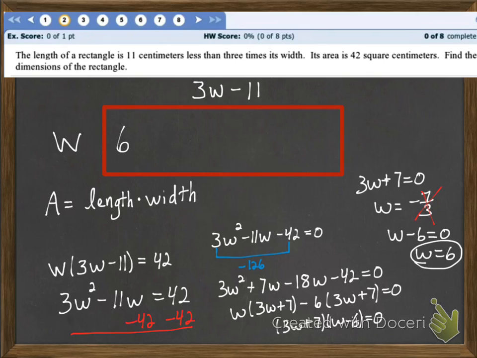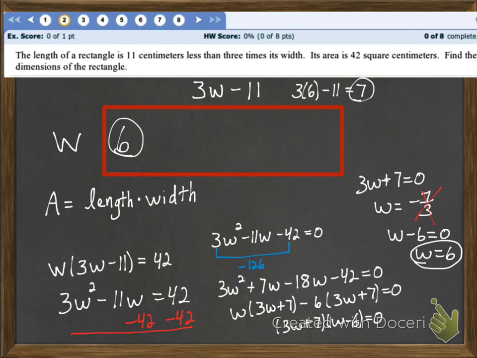And then we go up here to the 3W minus 11, plug in the 6 to get our length. So 3 times 6 minus 11 would give us a length of 7 centimeters. So we have a width of 6 centimeters and a length of 7 centimeters.